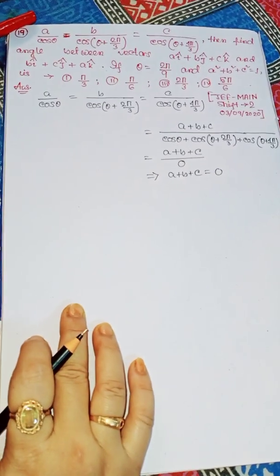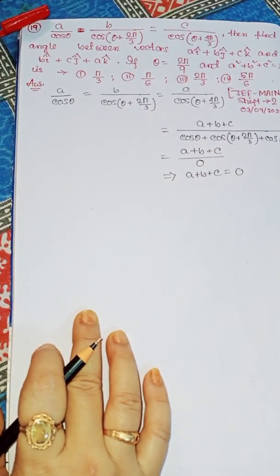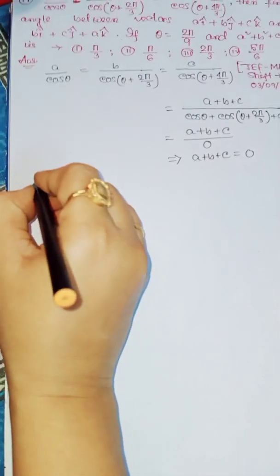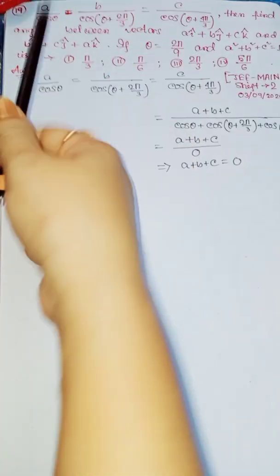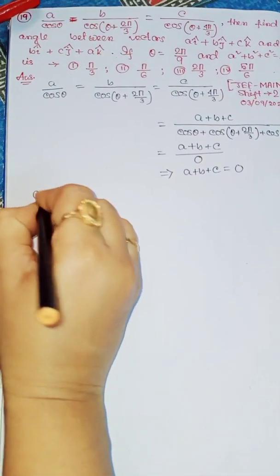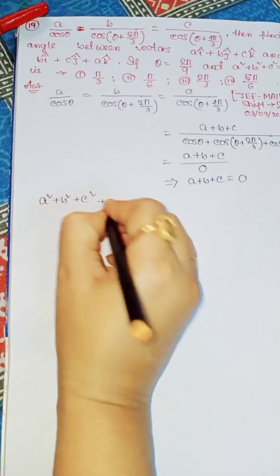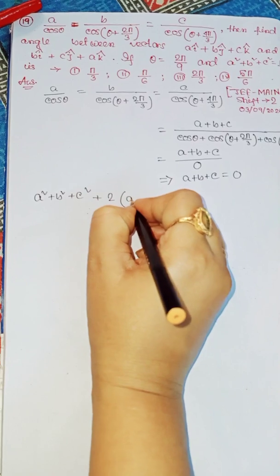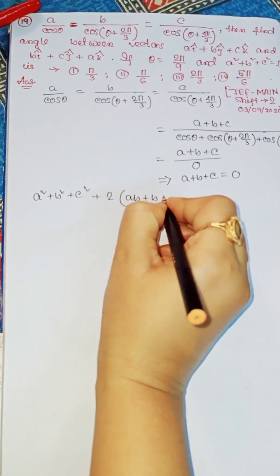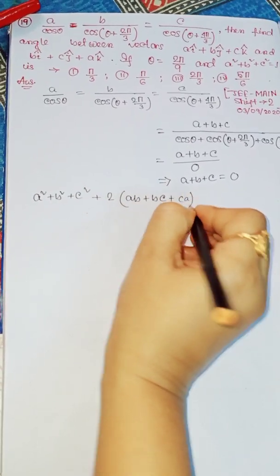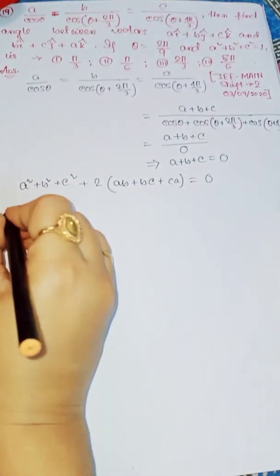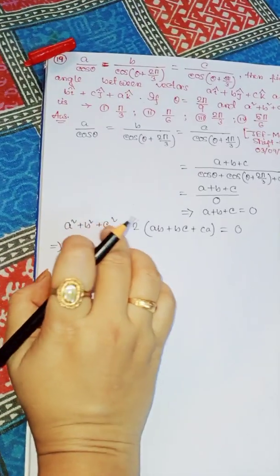So it is the condition we get from these equalities. Now squaring this, we get A square plus B square plus C square plus 2 into AB plus BC plus CA is equal to 0. And A square plus B square plus C square is equal to 1 is given here.